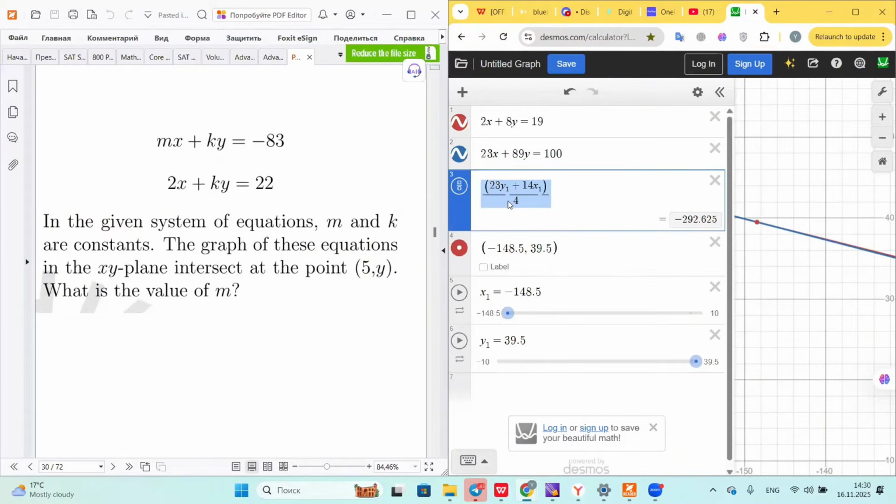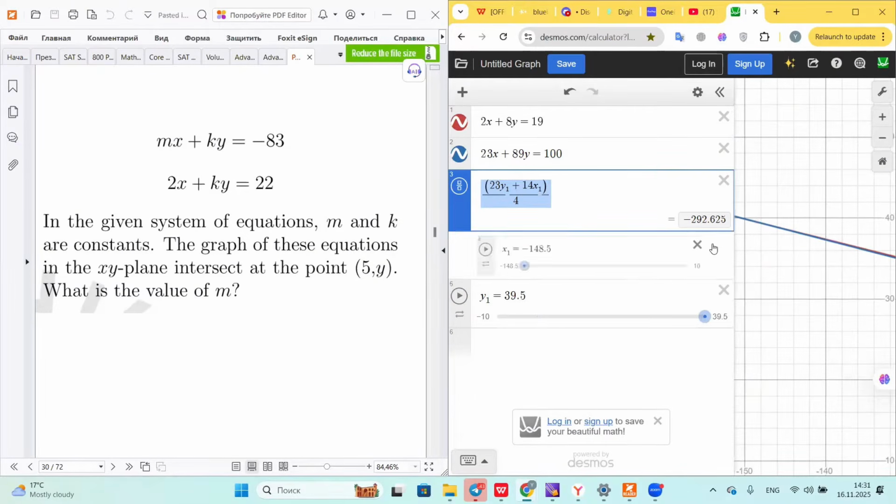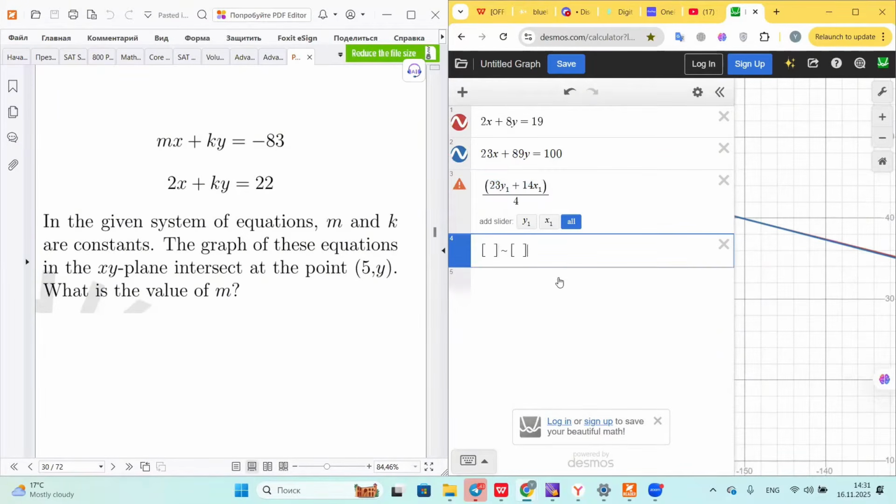And now guys, another very interesting method in Desmos is using another thing. Look, for example, you can see these two brackets. This method is called the listing method.